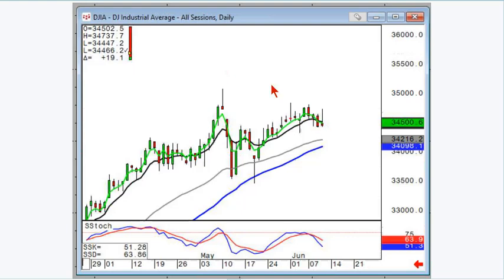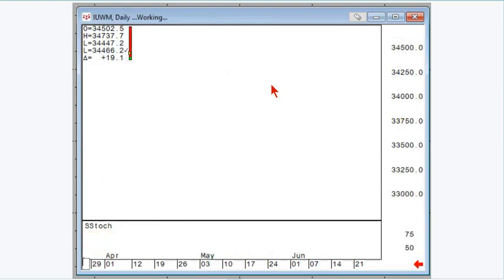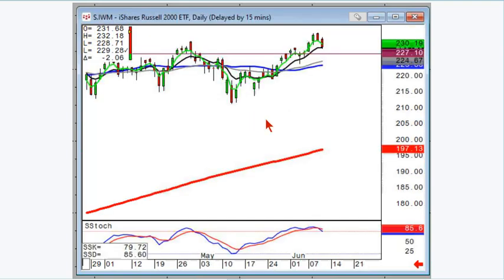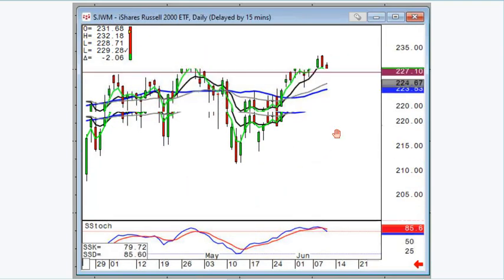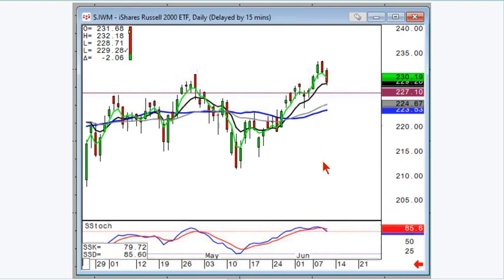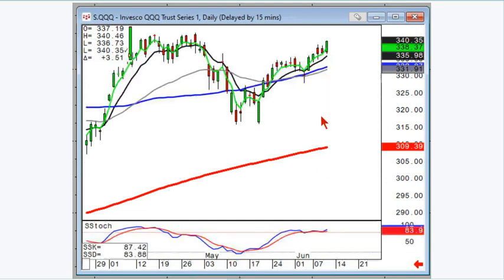You might be back into this divergent market where you got some sectors moving up, some sectors moving down, which is not a very concise analysis, but that's exactly what's probably happening. The Russell 2000 came right back to the key line, and the Qs were, no, they weren't sideways. The Qs still moving nicely again, the J-hook pattern.